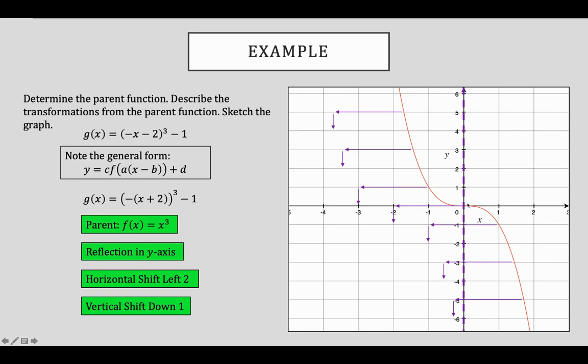So it's really easy to translate that point to get an idea of where your new graph is going to be. So we're going to take all these, shift them to the left 2 and down 1 unit to get our answer. g of x is equal to the quantity negative x minus 2 cubed minus 1.